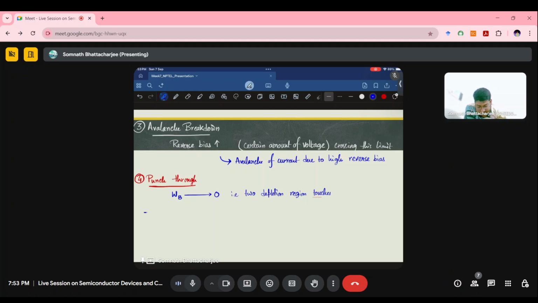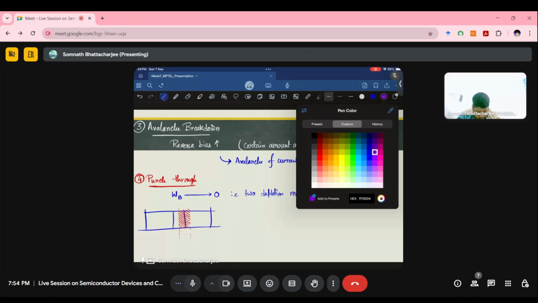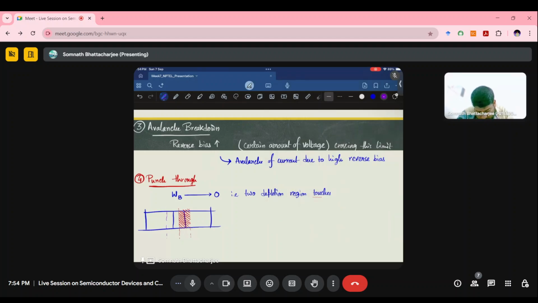So in a case like this, let's say if we have this structure and the base is like this, and we are applying a certain voltage, so the first depletion region is like this, and based on this as well, the second depletion region is like this.